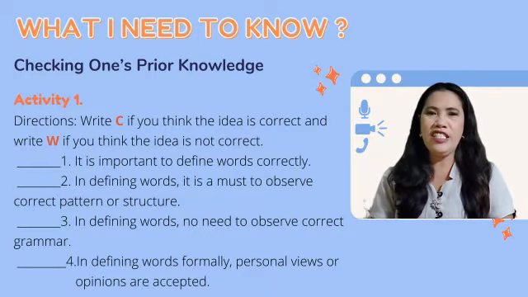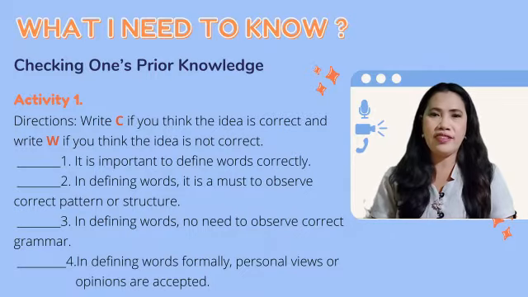For the first one, number 1: it is important to define words correctly. Do you think this idea is correct or wrong? Number 2: in defining words, it is a must to observe correct pattern or structure.